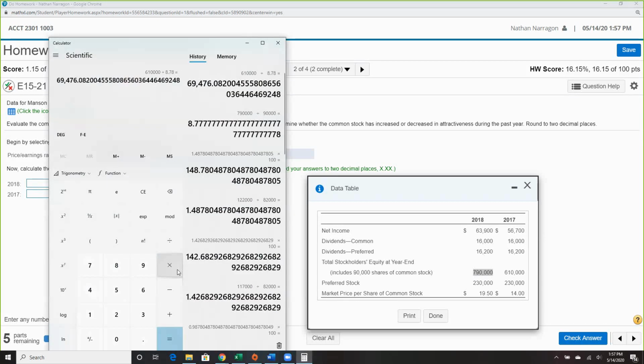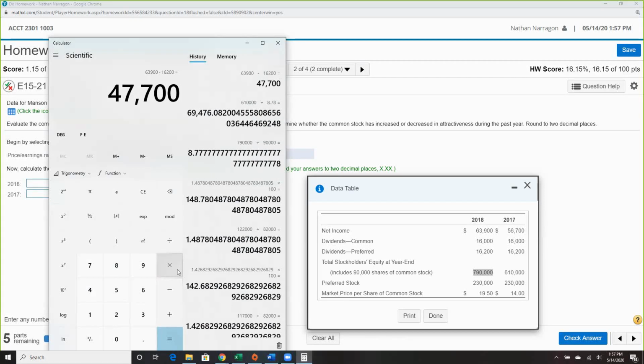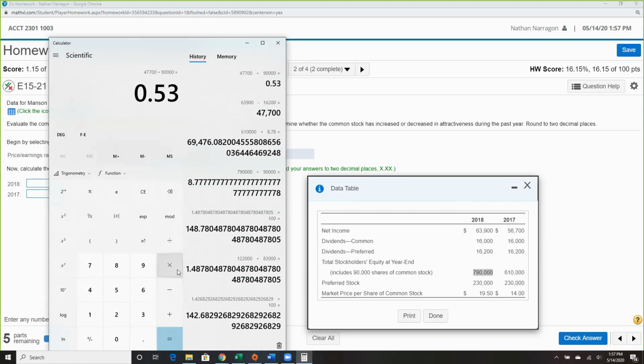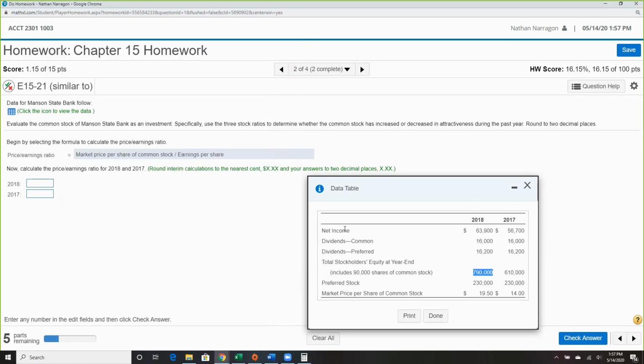Calculate 63,900 minus our preferred dividends, which was 16,200, and we're going to go ahead and divide by 90,000 shares. I'm not too sure about it, because again, they're not giving us per share amount of the shares. So we may have to do a little bit of checking into here. I don't think I really particularly care for that.